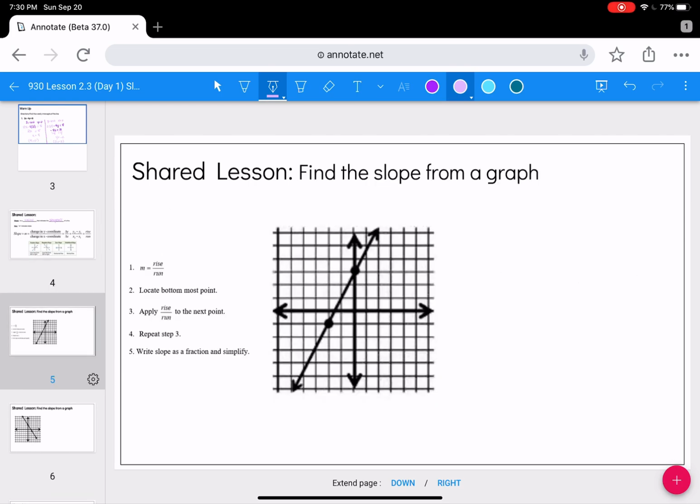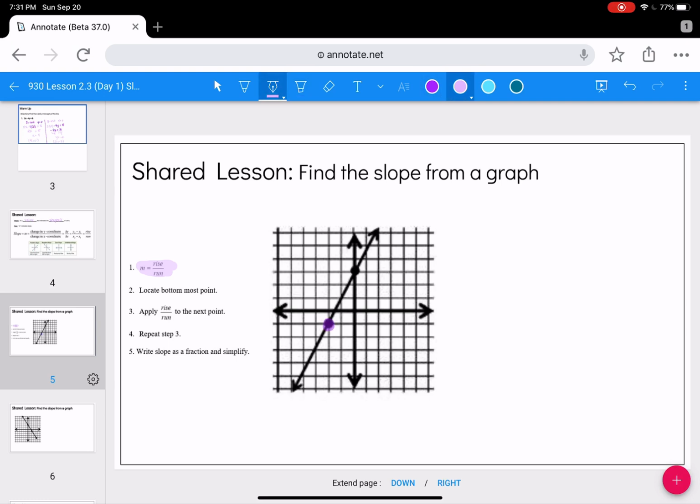So we're going to find the slope from a graph. We are on slide 5 here. The slope that we're going to be using today is rise over run. The first step is we want to locate the most bottom point. The most bottom point here is right there.